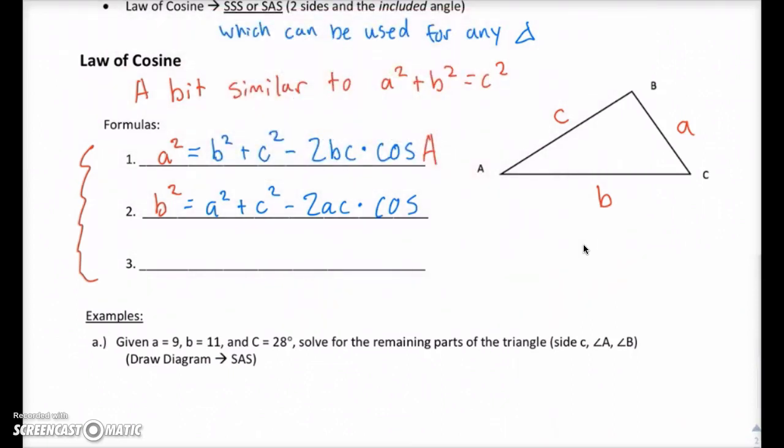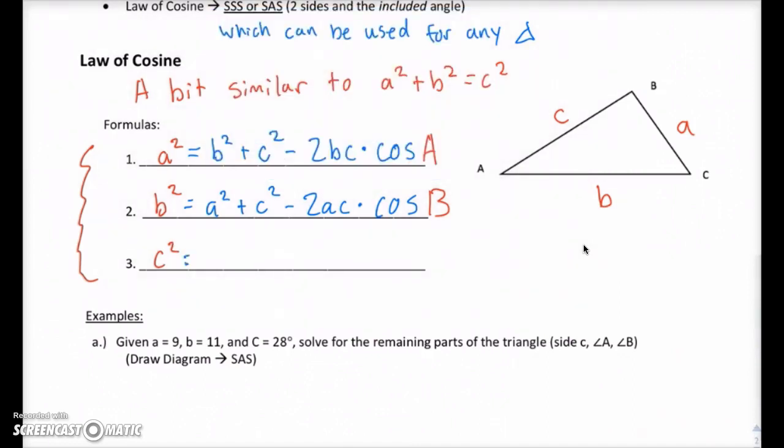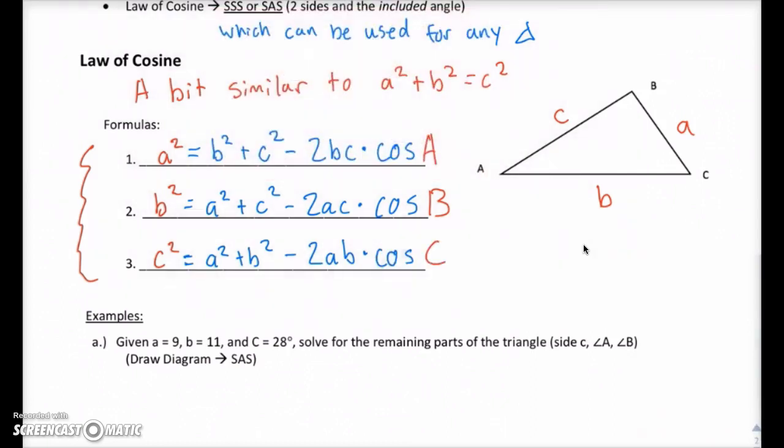All right, good job, cosine of angle B. And our last formula is going to be c squared equals a squared plus b squared minus 2ab times cosine of angle C.